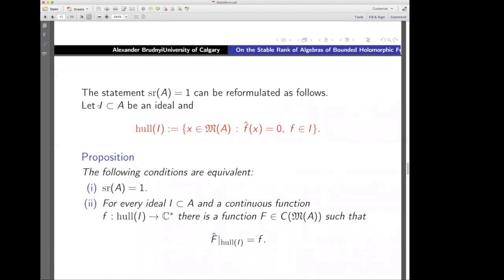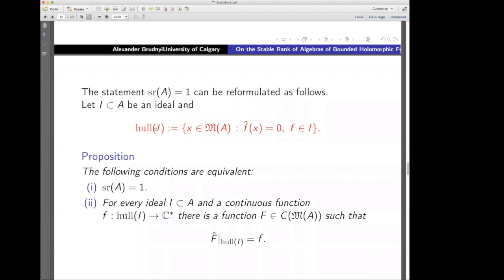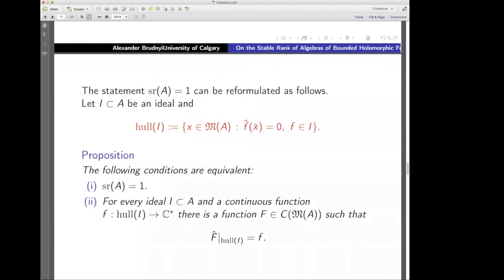Suppose we have an ideal I in the algebra A, and denote by hull(I) the set of points in the maximal ideal space of A such that the Gelfand transform f(x) equals 0 for all f from this ideal.